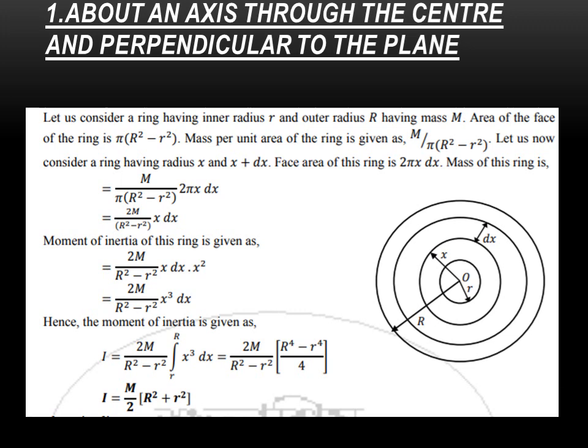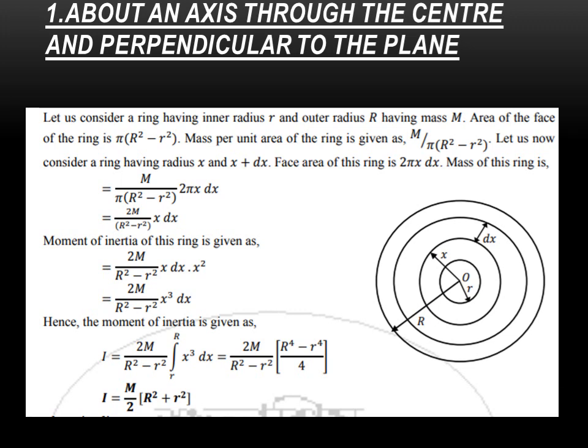So mass per unit area is given by capital M divided by pi into R square minus r square. If we consider a small ring of radius x and thickness dx, the area of that ring is given by circumference, 2 pi x, into the thickness dx. So the mass of that ring is M divided by pi into R square minus r square, into the area 2 pi x dx.